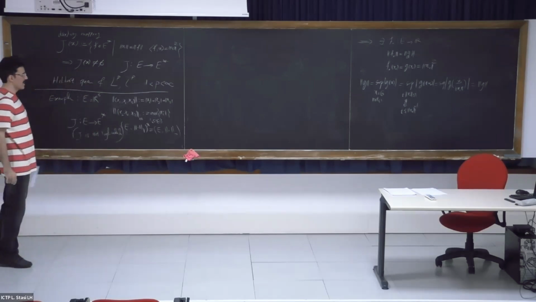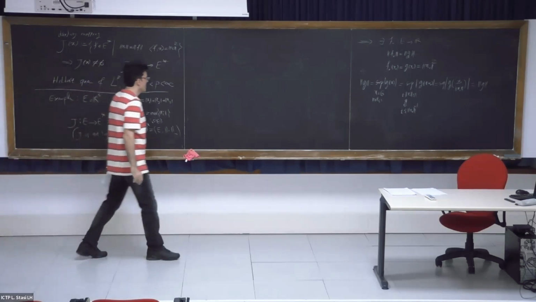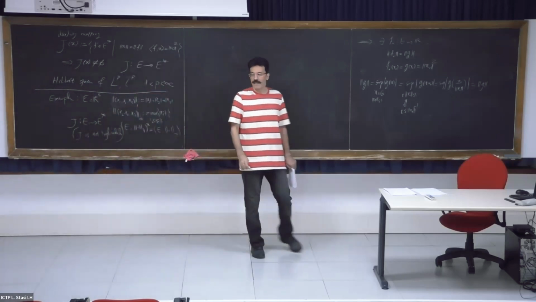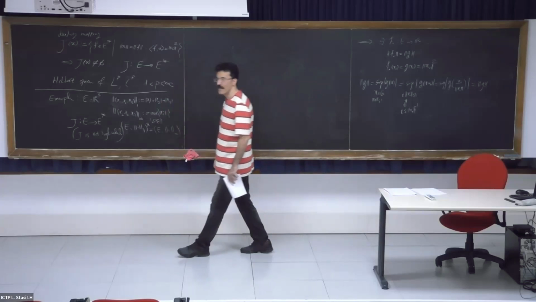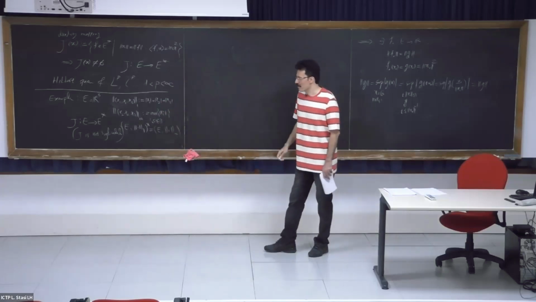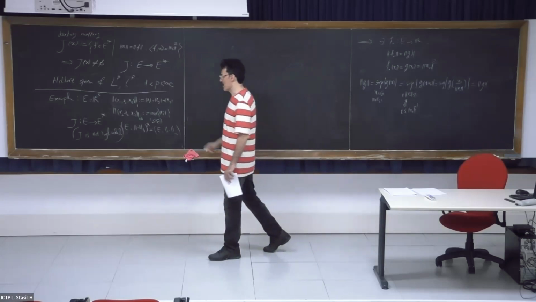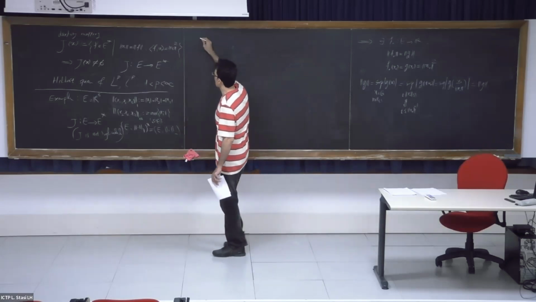So we deduce that this normed space is not smooth, and the norm of E is not differentiable. This is the example.